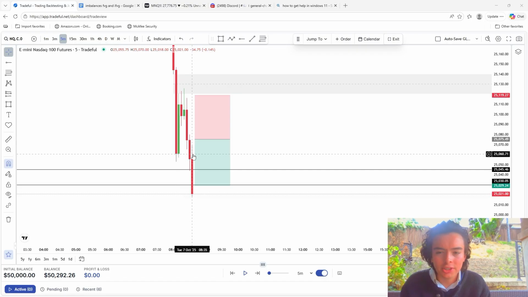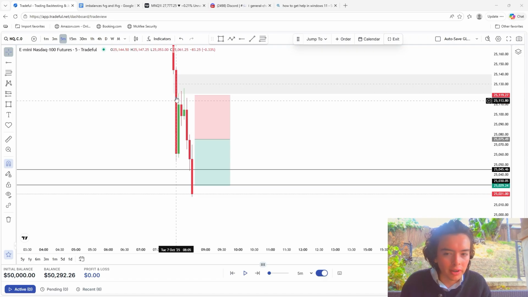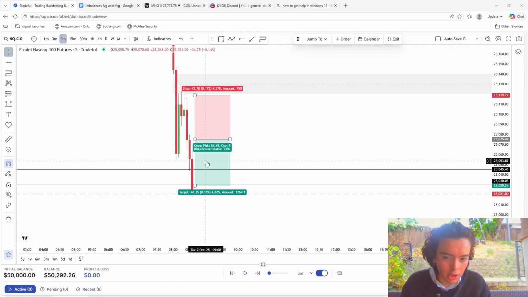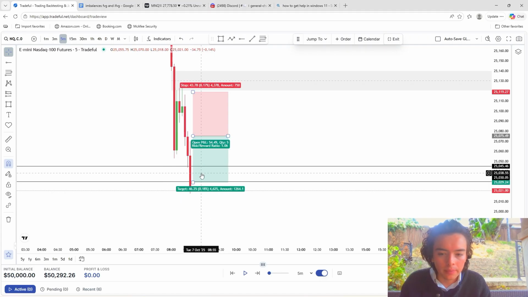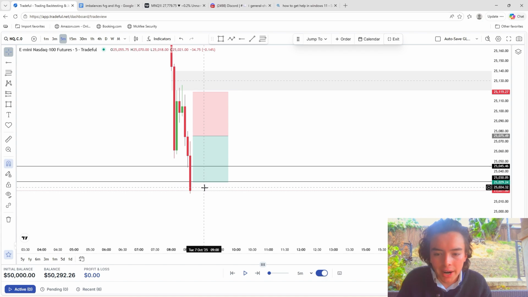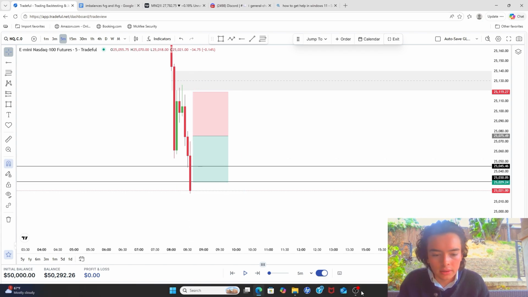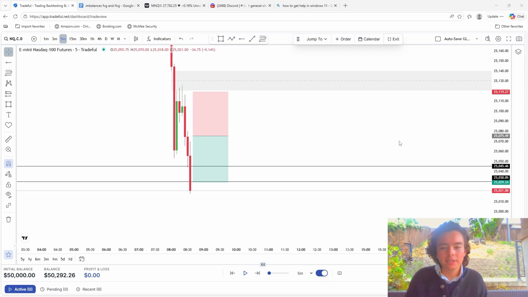So basically, this is just a correlation between my mid time frame imbalances, fair value gaps, whether we're taking a trade off a continuation as seen here or an inverse, where I showed you guys in the past examples, and how we usually use those to align with our higher time frame bias and hit these targets. So that's pretty much the gist of this segment.